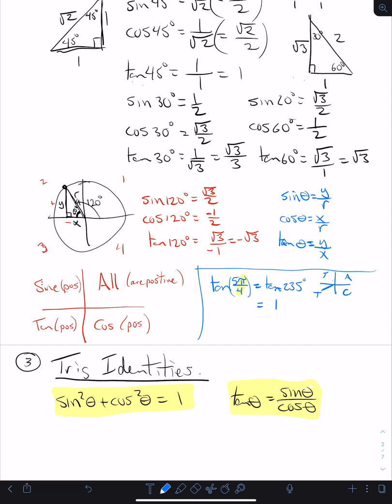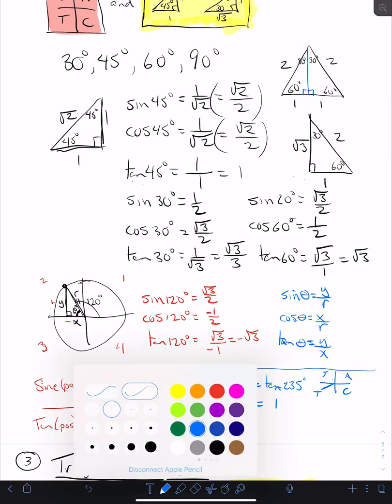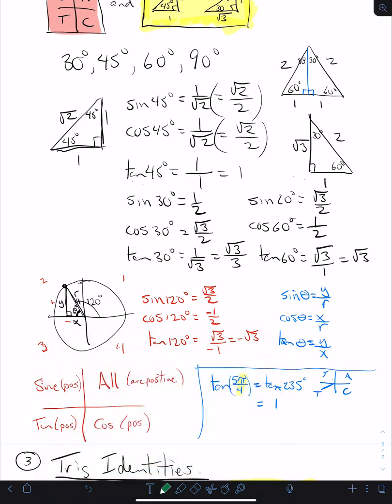Another way to think about this, I'm going to just cram this full of writing here. This would be an absolute nightmare for you. Let's use another color. You can think of it this way, from 0 to 360.